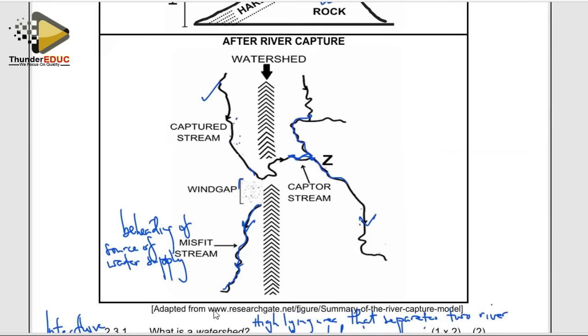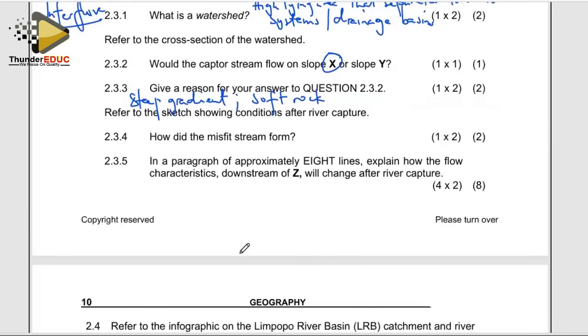It's now trying to sustain on its own without its original source of water supply. If there are no stronger tributaries to supply that stream, automatically it is going to dry up because of the beheading of the source of its supply of water. It has been cut off from its supply of water.